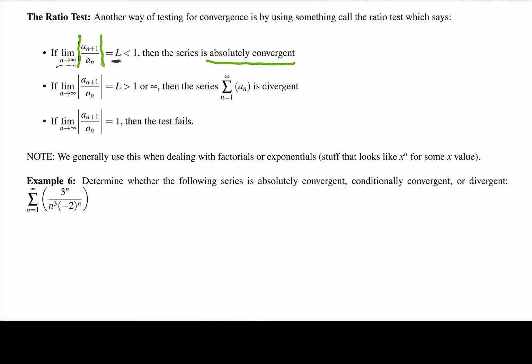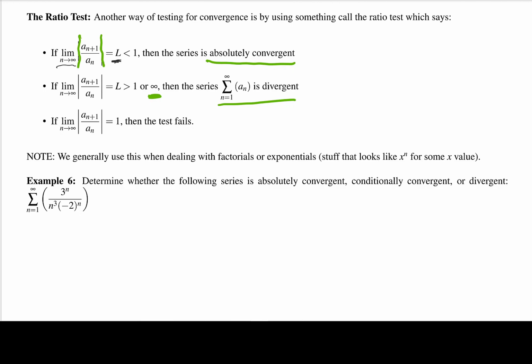Now if that L ends up being greater than 1, right, some finite number greater than 1, or even infinity, then we can say that our series is going to be divergent. If it is equal to 1, then the ratio test is useless to us, and we say the ratio test fails.